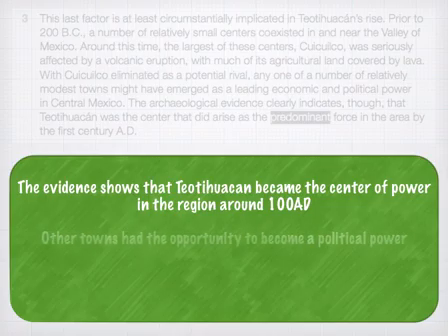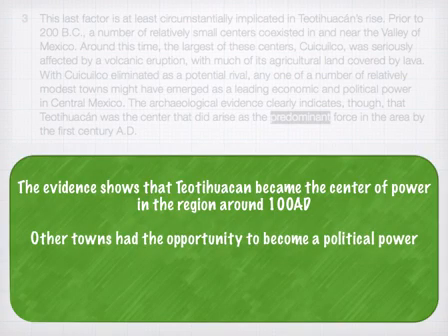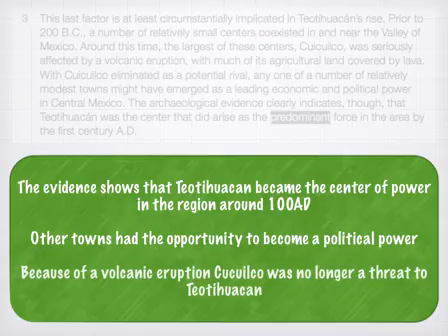Other towns had the opportunity to become a political power, but some of the natural disasters prevented that. In the case of Quilquilco, it was the fact that the agricultural land was covered by lava from a volcanic eruption. So you can see, because of a volcanic eruption, Quilquilco was no longer a threat to Teotihuacan.